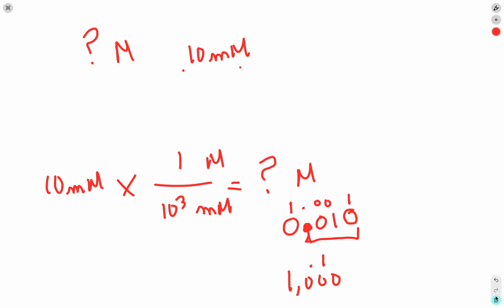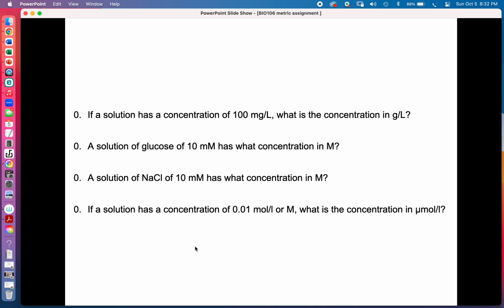Okay, and then let's do a couple more because some of these actually have some challenges to them. So here's a solution that has a concentration of 0.01 mole per liter. What is the concentration in micromoles per liter? Okay, so 0.01 mole per liter, and we want it in micromoles per liter.